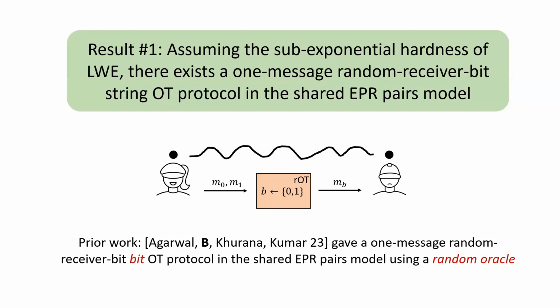Now you might be thinking, well, we know bit OT is complete for everything, but not in the non-interactive setting. In the non-interactive setting, it's not known that you can just go from bit OT to string OT like this. So we needed to design a different protocol to get string OT. And moreover, string OT is really the thing that becomes useful, as we can show via these corollaries.